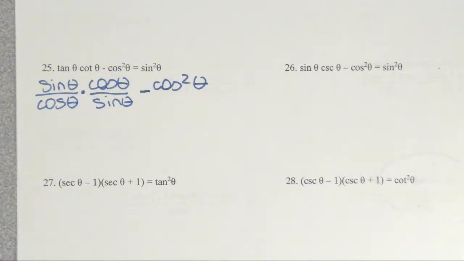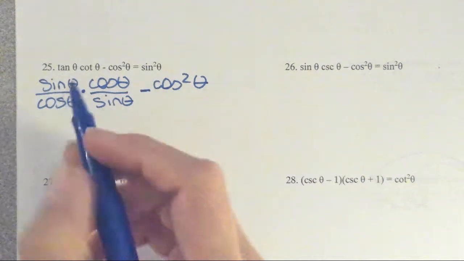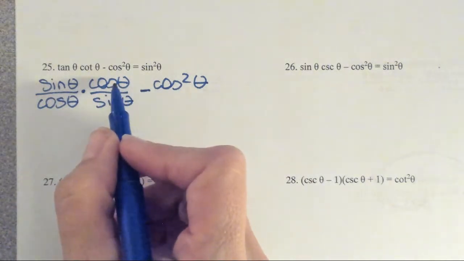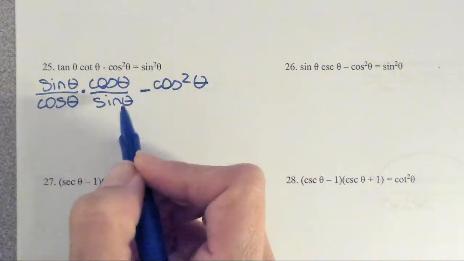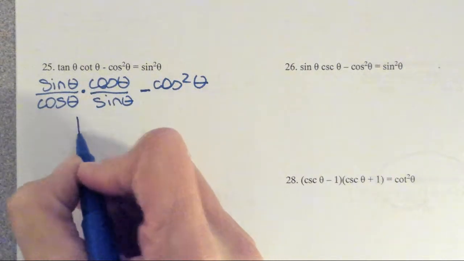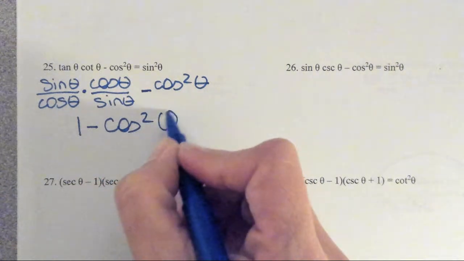Okay. When I multiply these together right here, I'm going to get sine cosine over sine cosine. Well, sine cosine over sine cosine, anything divided by itself is a 1. So I have 1 minus cosine squared theta.